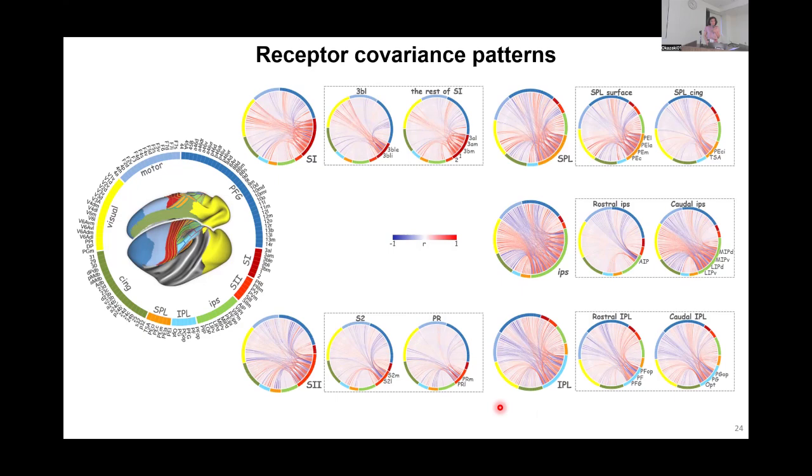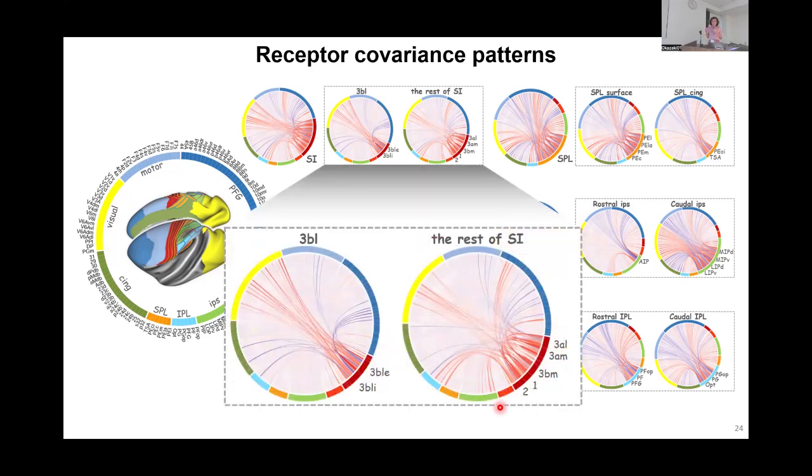So if I show you as an example the lateral portion of area 3B, we found that compared to other parts of area 3B, the internal and external portions of lateral 3B showed a greater correlation with most of the visual areas, but lower correlation with areas located in the anterior portion of the inferior parietal lobe and the intraparietal sulcus.